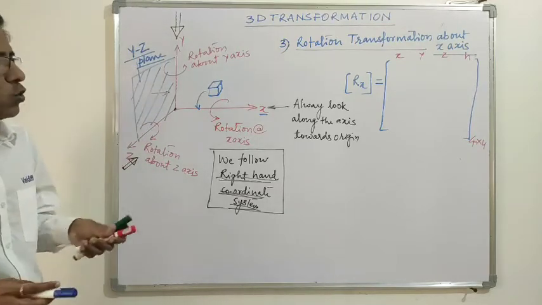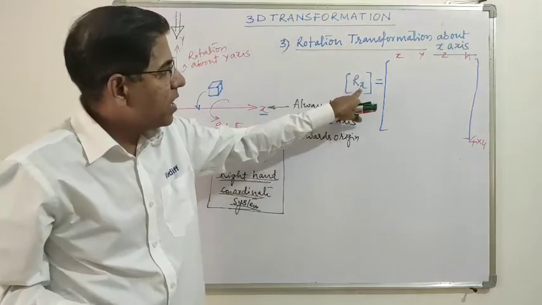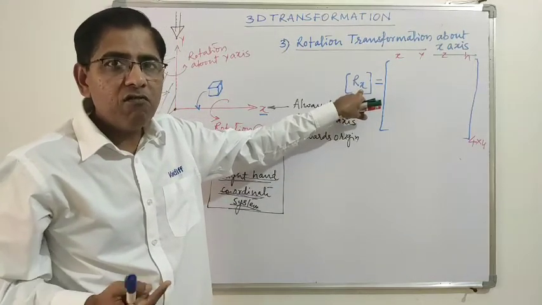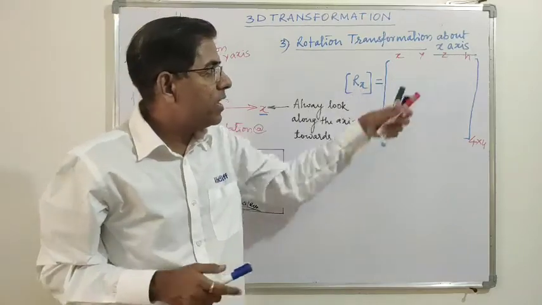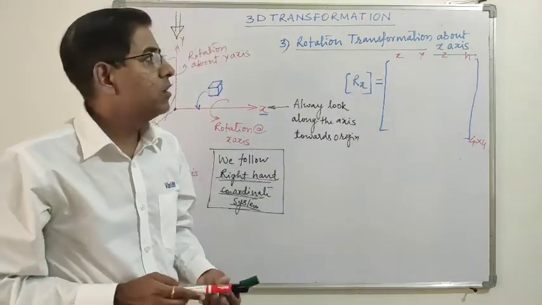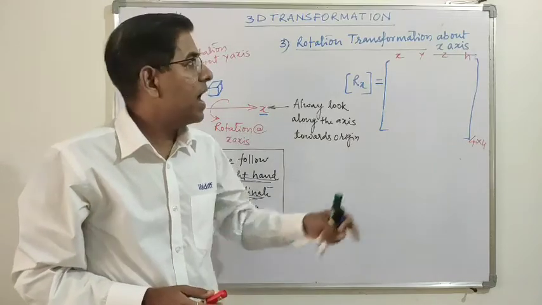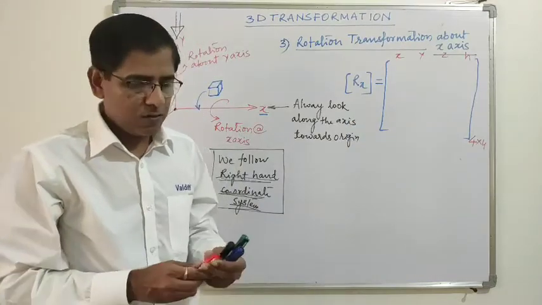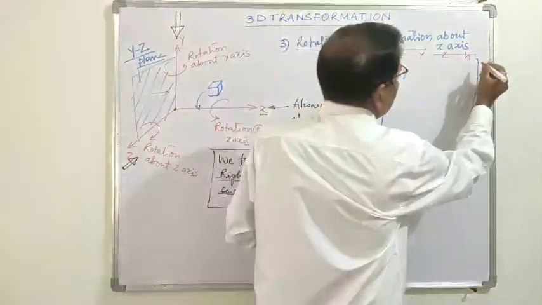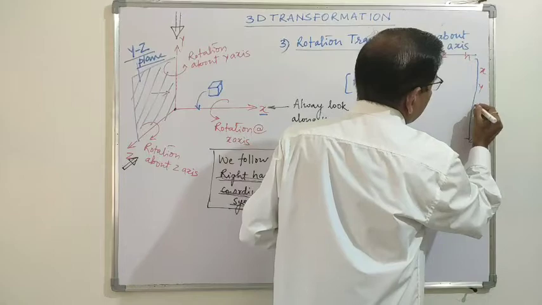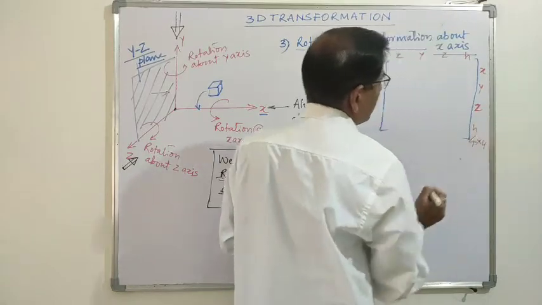Since the rotation about x-axis happens in the YZ plane, we keep the cos theta and sin theta values at y and z places. So this is x, this is y, this is z, and this is h.